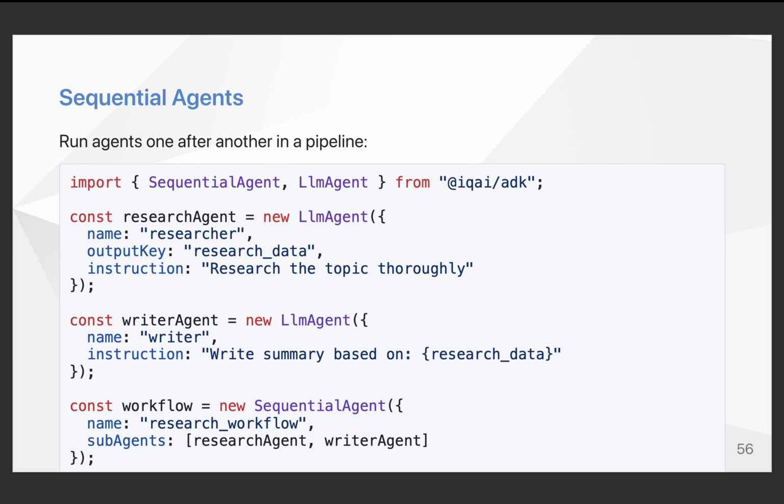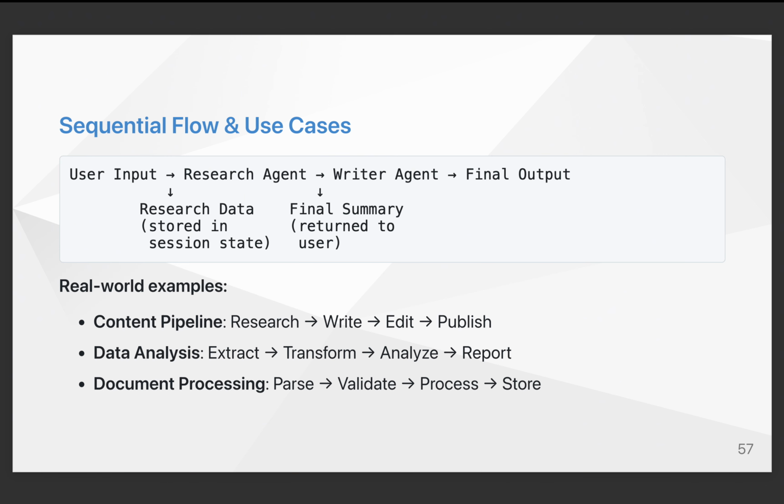Finally, we create the sequential agent and give it our agents in order. Researcher first, then writer. The flow is straightforward. User inputs to the research agent, which saves its findings to state. Then, the writer agent reads that research and creates a summary. The final output is then returned to the user.